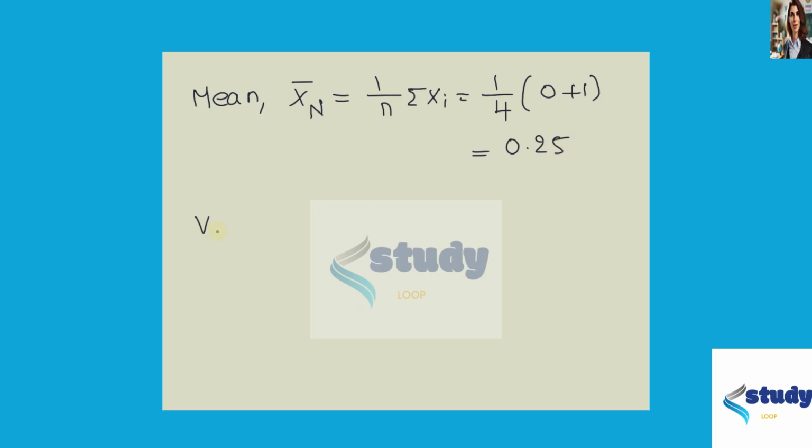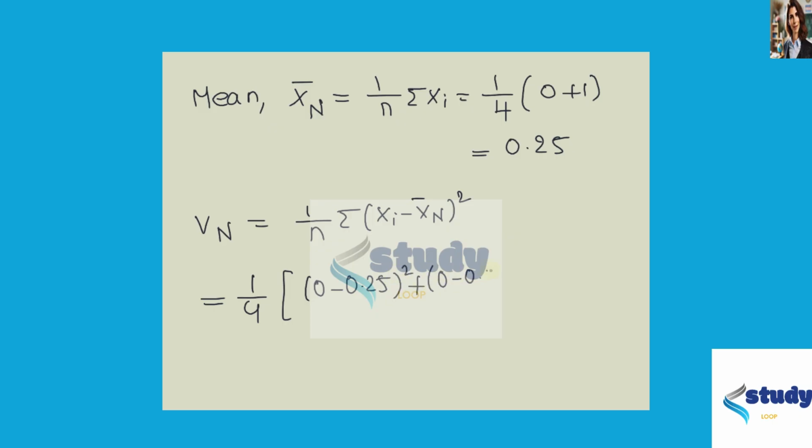Now the variance of n will be equal to 1 by n summation xi minus x bar n whole square. So which is equal to 1 by 4 into 0 minus 0.25 whole square plus 0 minus 0.25 whole square plus 0 minus 0.25 whole square plus 1 minus 0.25 whole square.